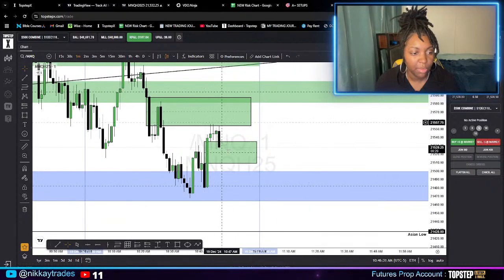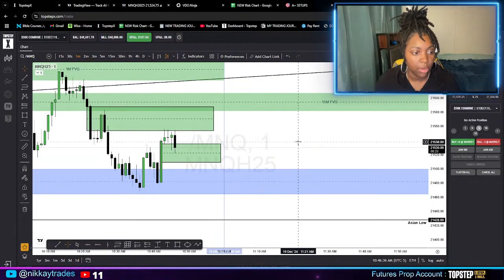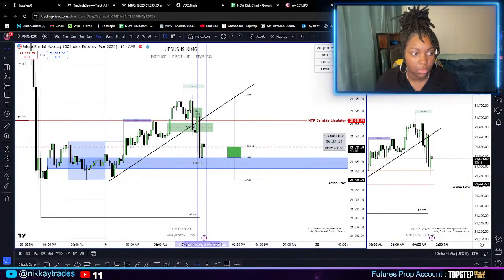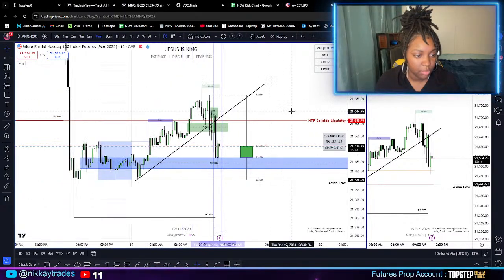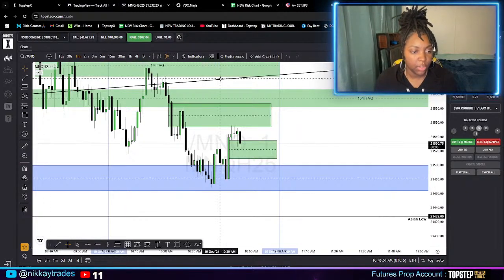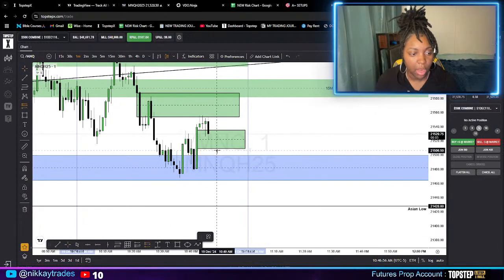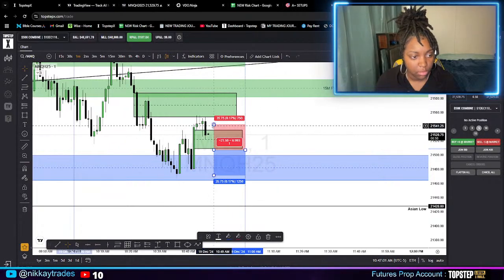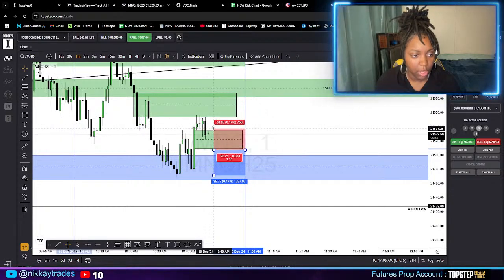Alright, it's inverting this gap, but once again, there's another gap underneath it, so I don't know, man. Maybe I got out too early, but it rejected right off of that end dog, bro. I still can possibly get in if I can get a close below this area, then I might hop in sells here. My stop loss would be right above this here.